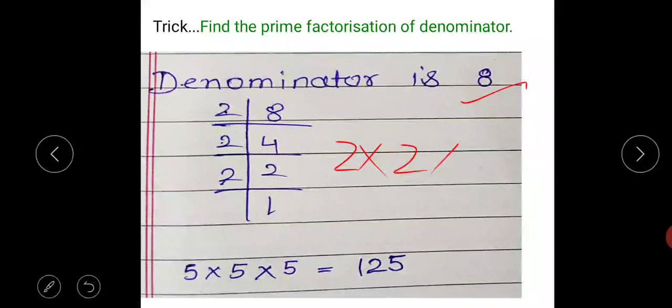It is the prime factorization of 8. Now to get the denominator as a power of 10, we must have the same number of 2's and the same number of 5's in the denominator. Now here 2 is 3 times, so we multiply the denominator by 3 times 5.